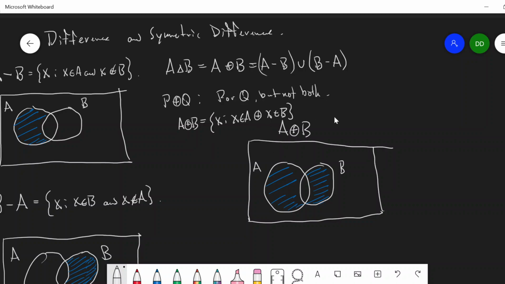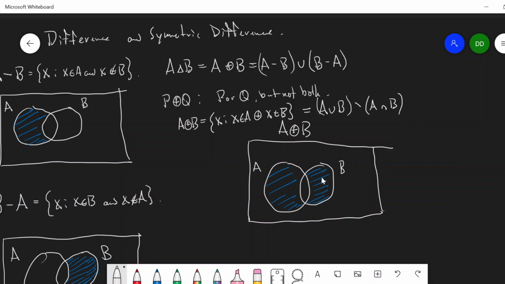This is the same thing. Now notice how I said that. That actually suggests an identity here, that this is the same thing as x is in A or B. So x is in the union, A union B, but not both. That is, I want to exclude the elements that are in both. So A union B minus A intersect B.